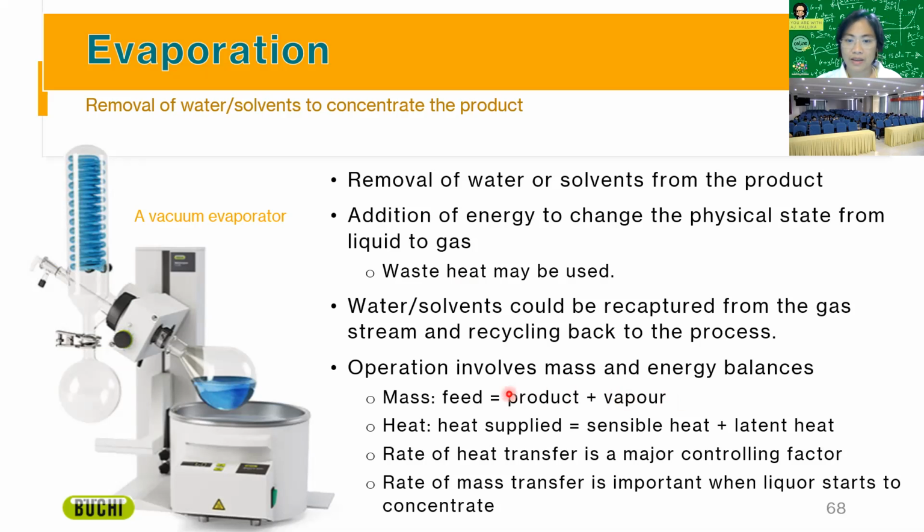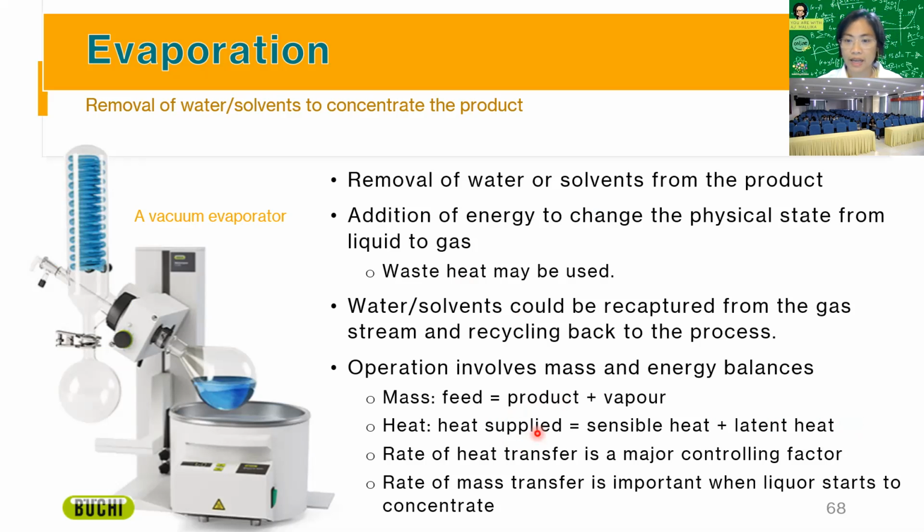The feed that goes in will be less concentrated. You remove water out, that water goes to vapor, and what is left will be in the product. So that is the concept of mass transfer. For heat transfer, the heat that you put in has to be enough to increase the temperature of your liquid to a certain level so that evaporation can occur.